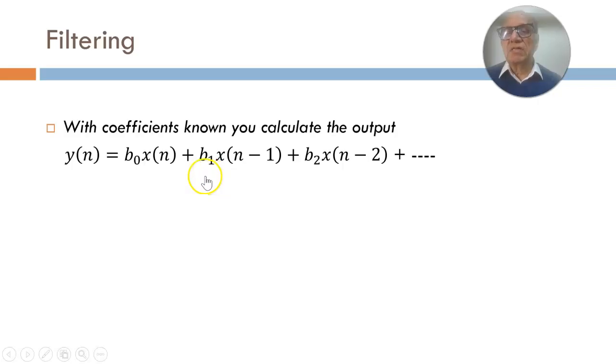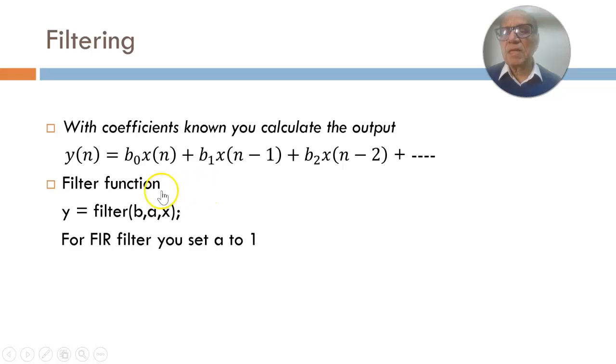Now instead of writing the program ourselves, we are going to demonstrate how the function is available in MATLAB and how we are going to use it. The filter function which is available in MATLAB is simple. Y is equal to filter, provide B coefficients, provide A coefficients. Remember, A coefficients correspond to the delayed output terms.